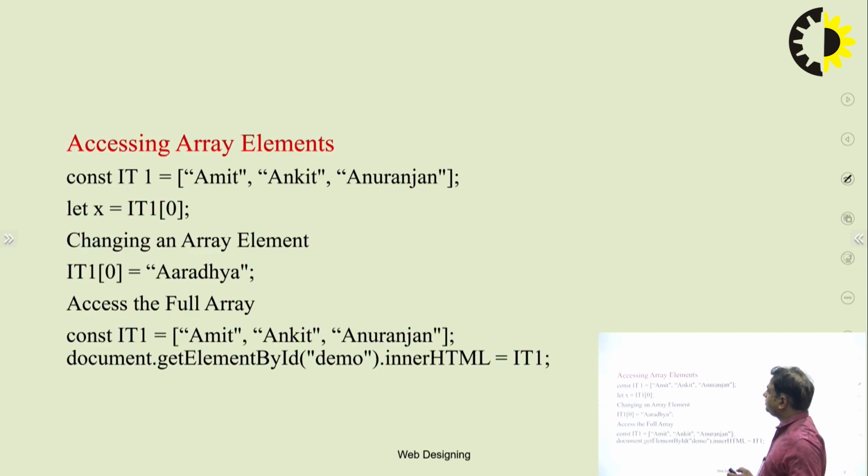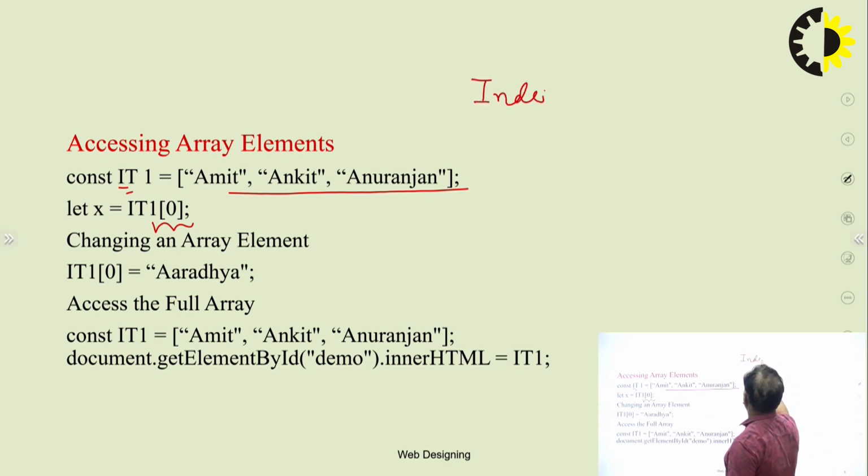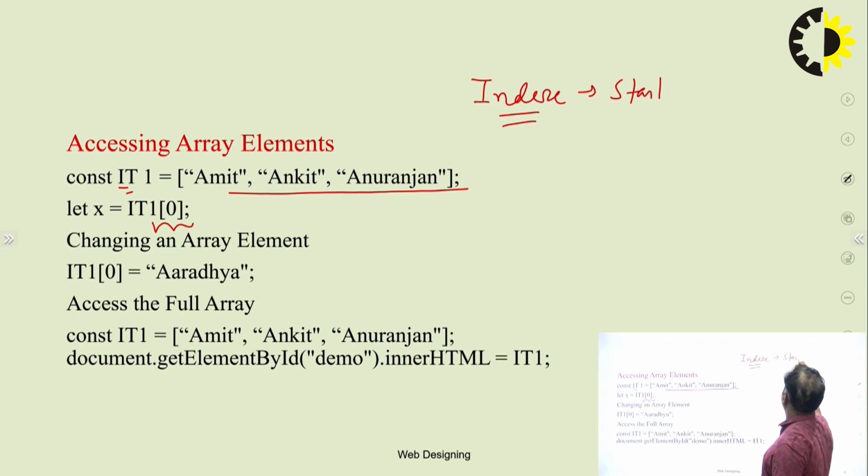Simple. How can we access the array elements, right? Suppose we have an array const it1 equals to three elements Amit, Ankit and Anuranjan, and I want to access it1 with index 0. The important thing with an array is to always take care of the index. The starting index of an array is always 0.